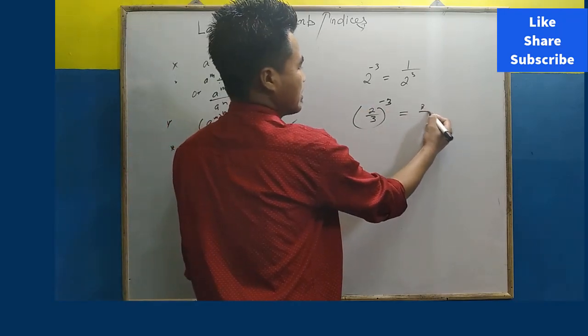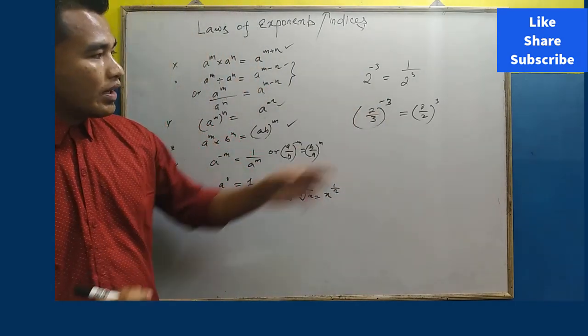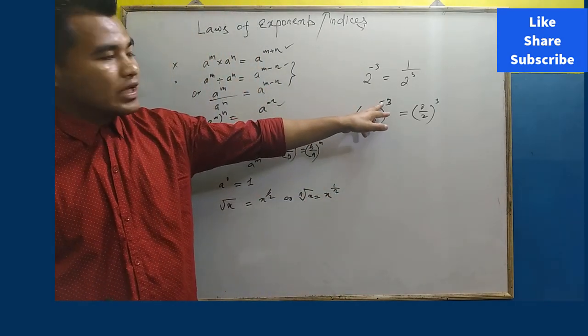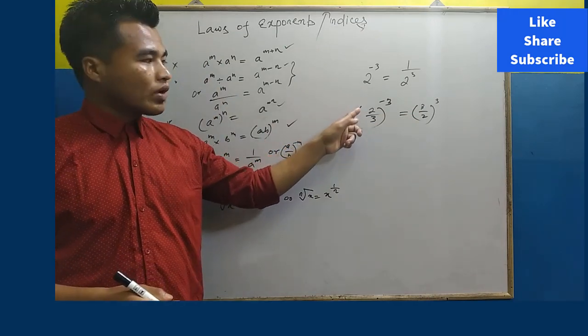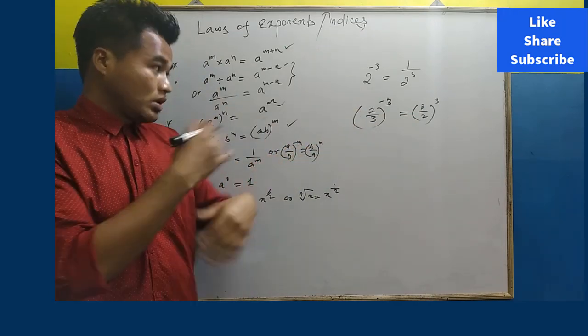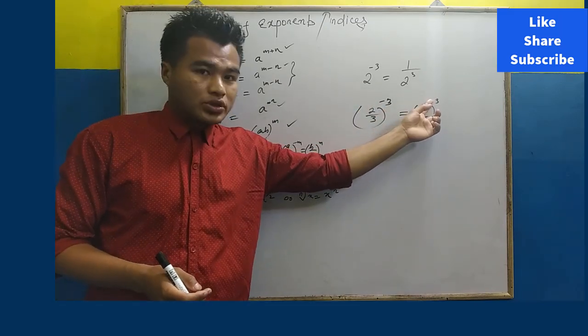So it will be 3 by 2 to the power 3. Now the negative has become positive. That is how to change a negative exponent into positive.